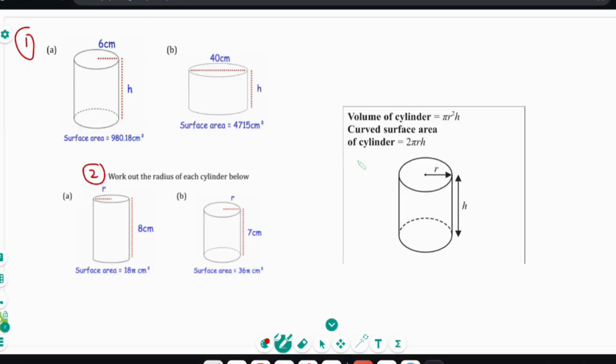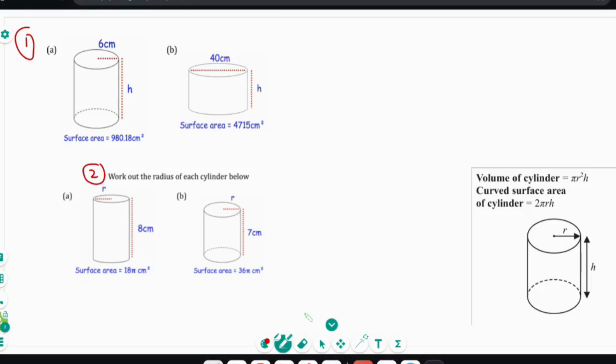Okay, so for these two, we're given some of the information and we've got to work backwards.